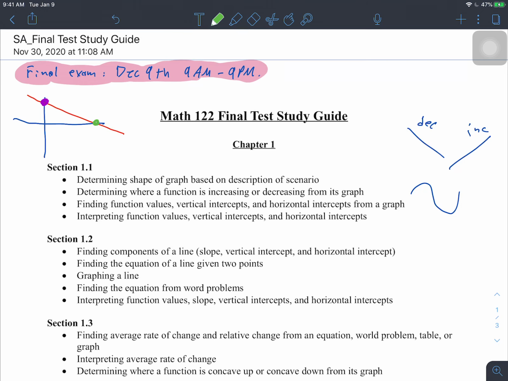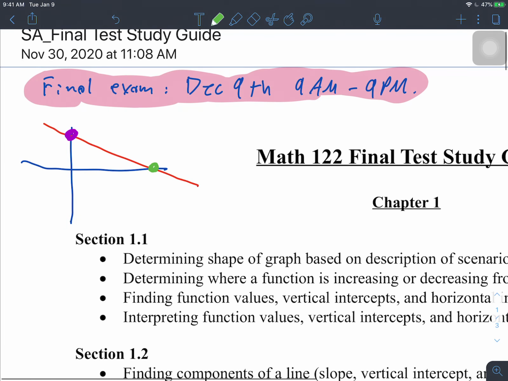Okay, so that was interpreting function values, vertical intercepts, and horizontal intercepts in terms of a word problem. So what we're interested in doing here is taking a word problem and, say we have some function, maybe we can use this one as an example. Say this was the function d of t, where d was on this axis and t was on this axis.